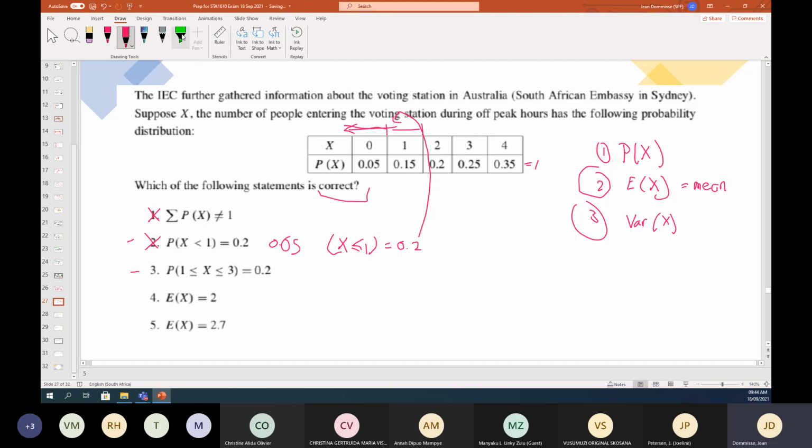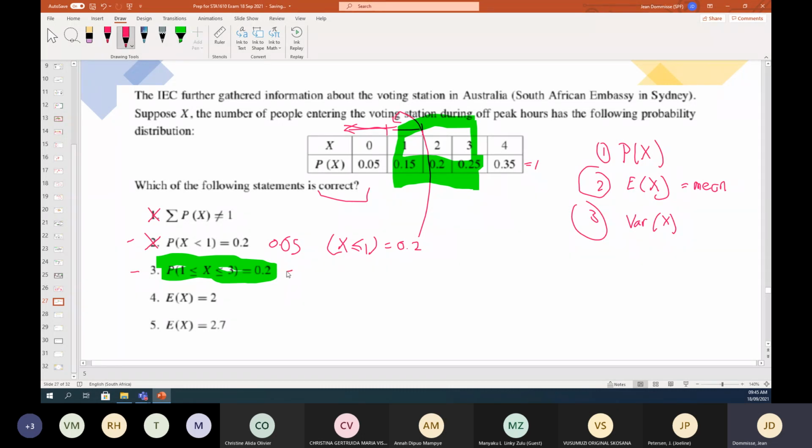So let's look at this one. Looking at the probability that x is smaller or equal to 3, so from 3 and bigger or equal to 1. Smaller or equal to 3, bigger or equal to 1, it is all of those ones.